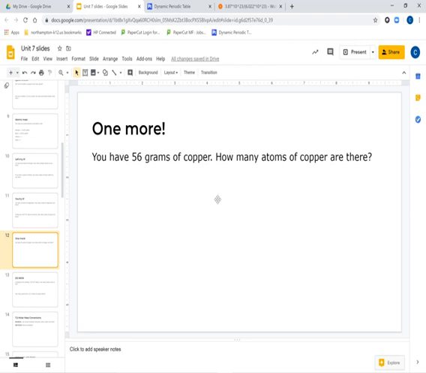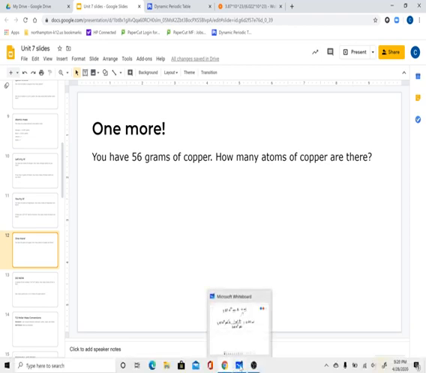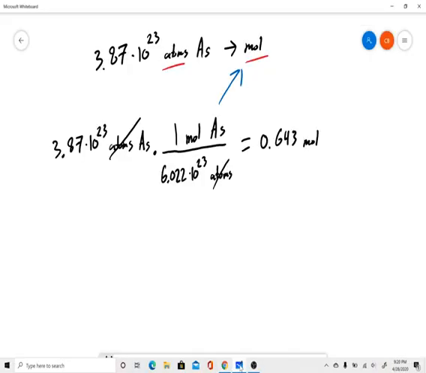Crazy. You're going to look at your toothbrush, and you're going to be like, Mom, Dad, I know exactly how many atoms are in my toothbrush. And they'll be like, okay, that's good. Happy for you. Science.